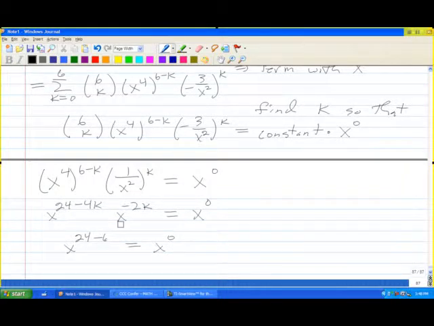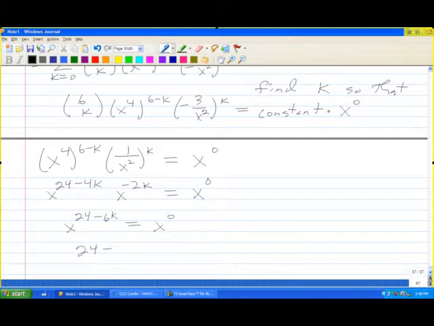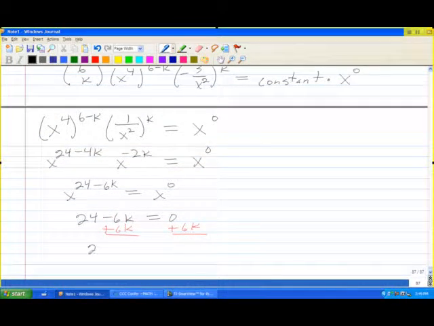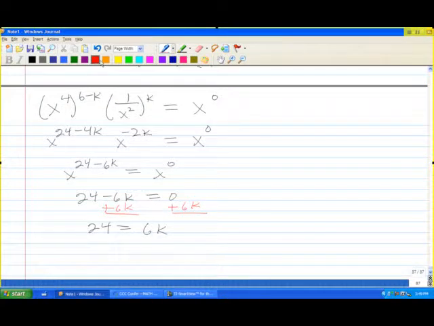Since the exponential function is 1 to 1, the only way these can be equal is if the exponents are the same. And so 24 minus 6k is 0. Add 6k to both sides. So 24 equals 6k. Divide both sides by 6. So k equals 4.